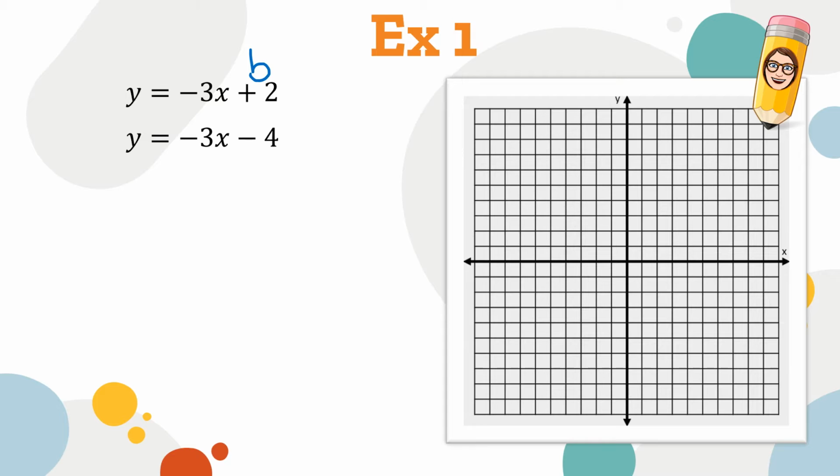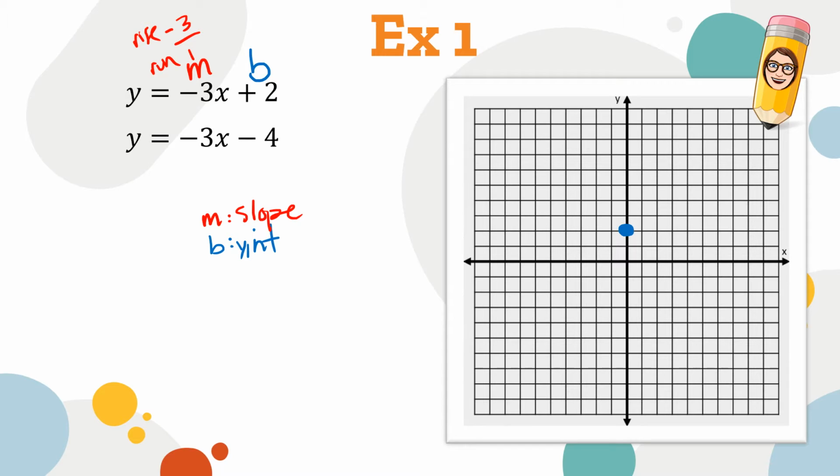The first equation, I'm beginning on the y-intercept of positive 2. Remember, b is the y-intercept. From that 2, I have a slope, an m, remember m is your slope, of -3. So that means -3/1 is my rise over run.